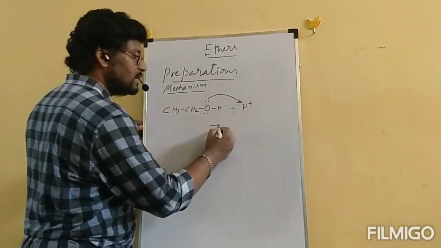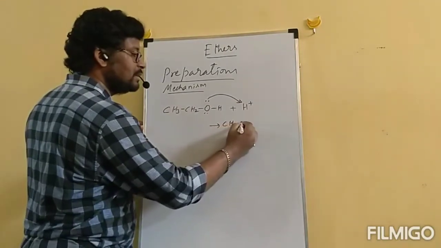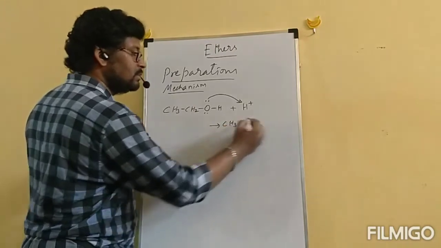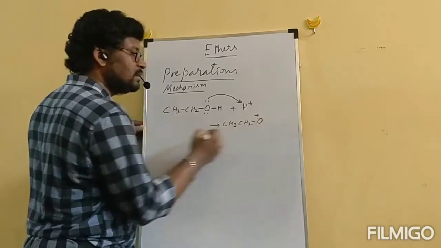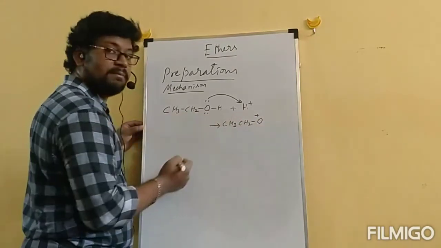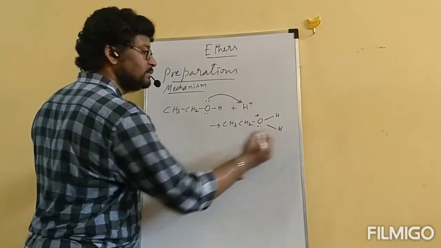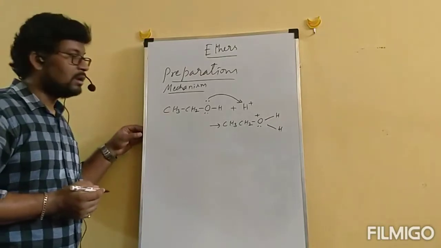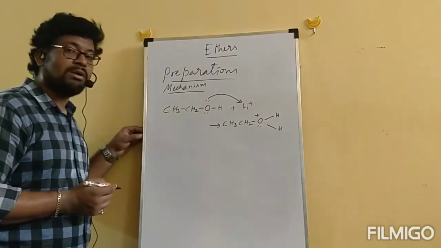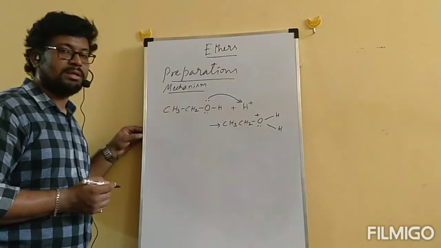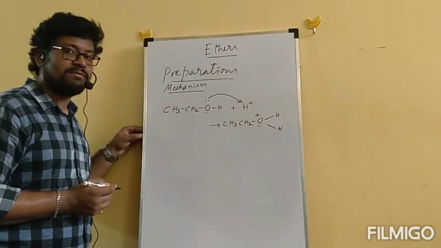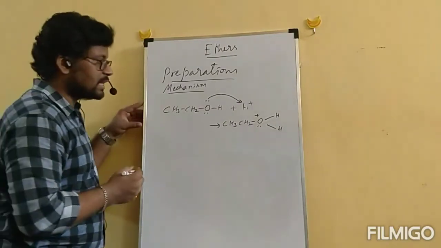Okay, to be formed as CH3CH2O plus. If it donates lone pair, oxygen will get plus charge, with H and H. This step is called protonation of alcohol. Next, second one.